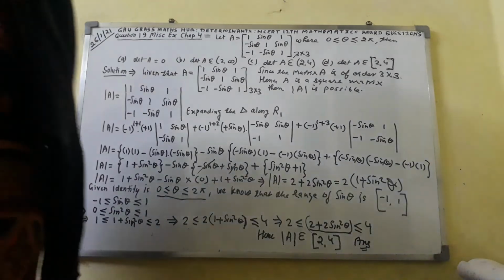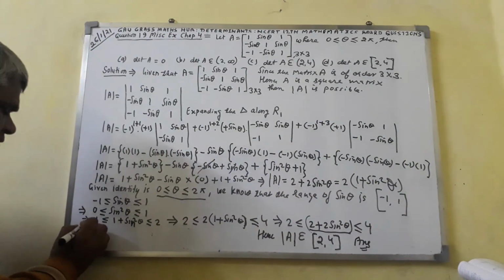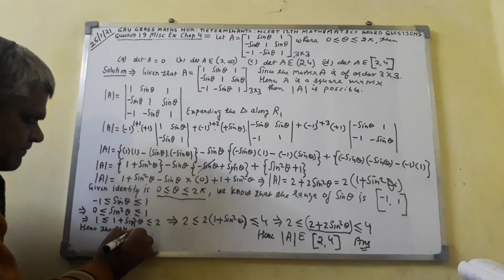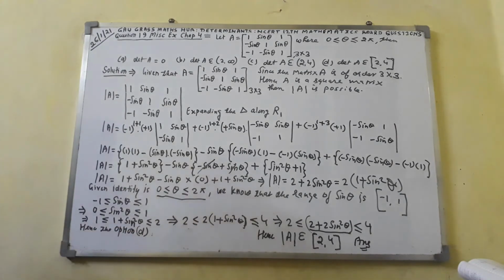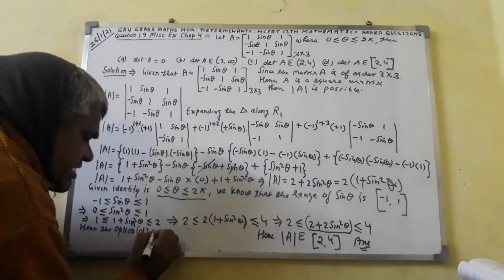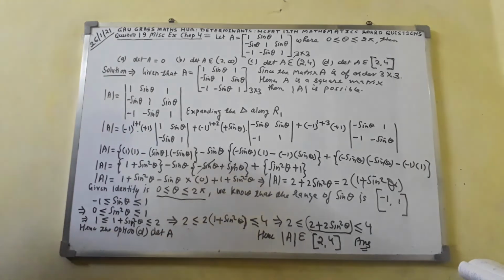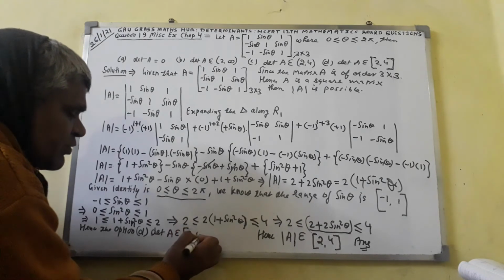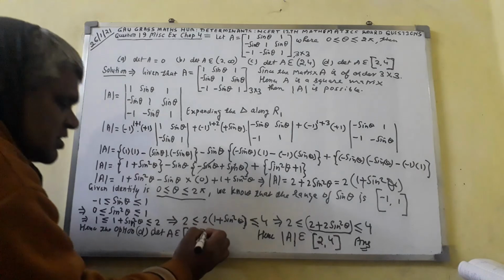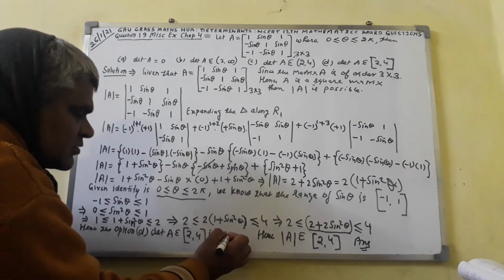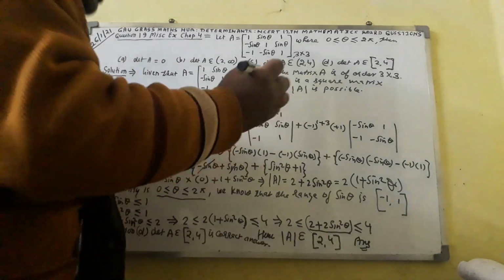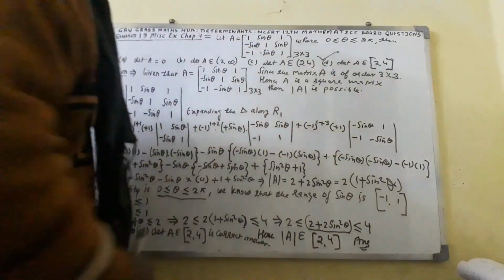So this means that option D, hence the option D, determinant of matrix A belongs to closed interval 2 comma 4 closed interval is the correct answer. This means that the option D is the correct answer.